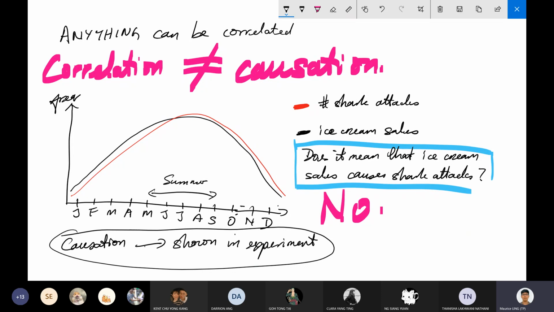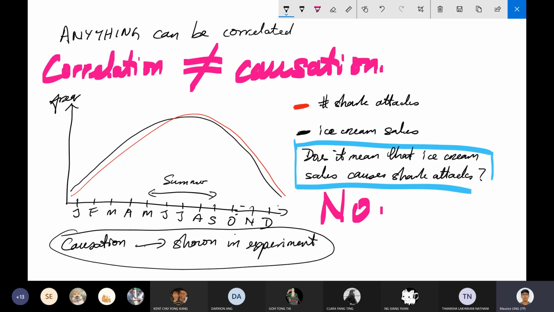For example, ice cream sales versus shark attacks. It tells you that there may be something happening, but you have to dig deeper. It doesn't mean that one is causing the other.